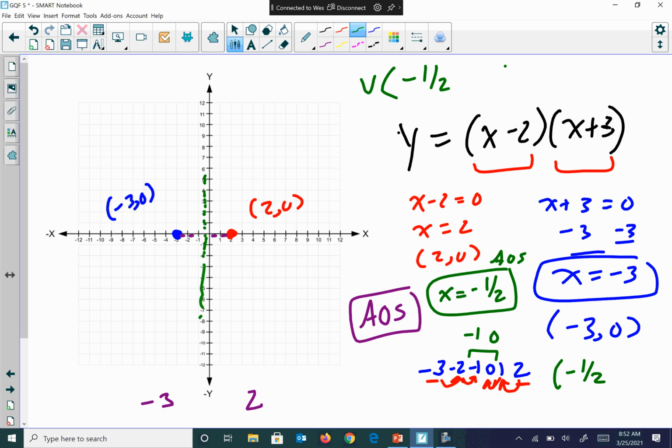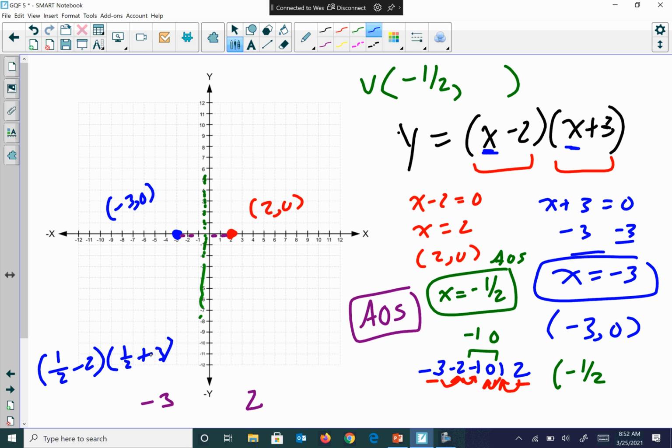So I get negative 1/2 comma something. Well, I'm going to take that half and plug it into those x values. So this is where you have to have a little bit of number literacy. So I'm going to go 1/2 minus 2, 1/2 plus 3. Well, shoot.